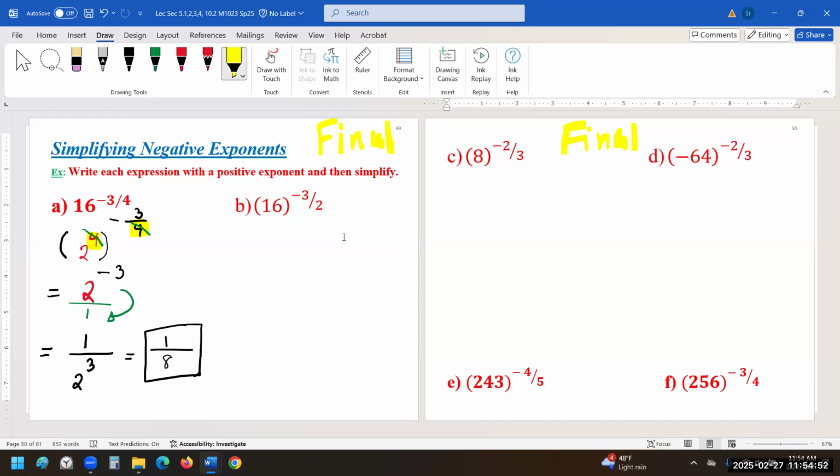Don't just mention it. It's negative power. But this is negative 4, right?